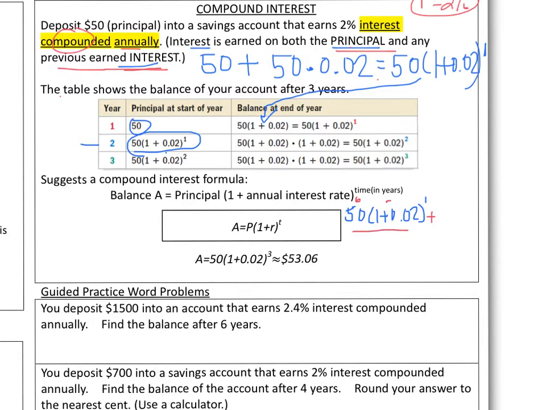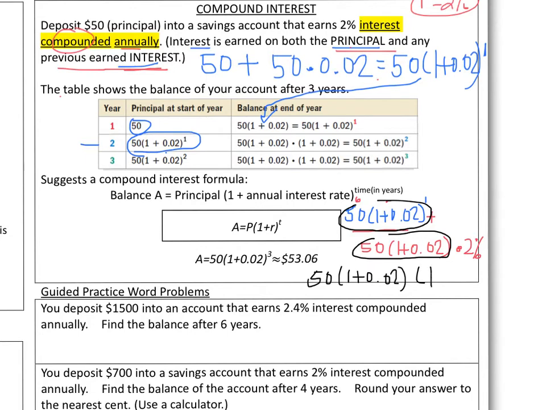Okay, so add 50 times 1 plus 0.02 times another 2%. As you can see, I can factor out these two to get 50 times 1 plus 0.02, and this will be 1 plus 0.02.